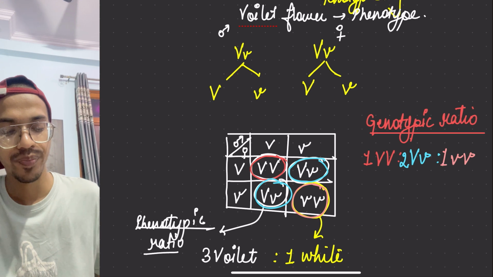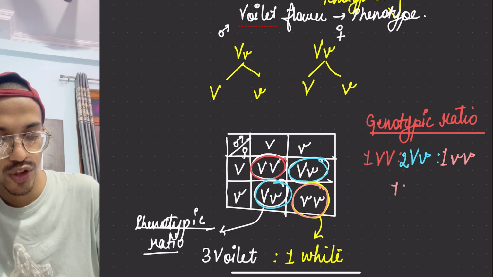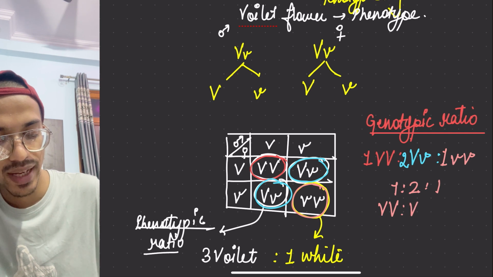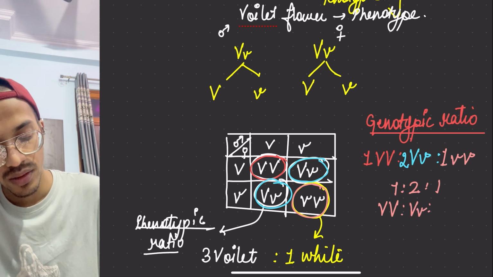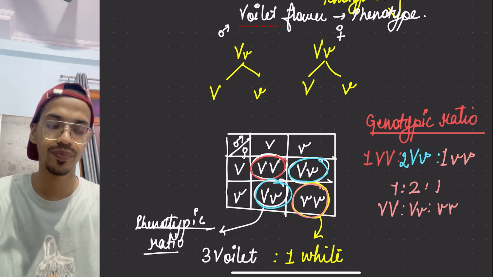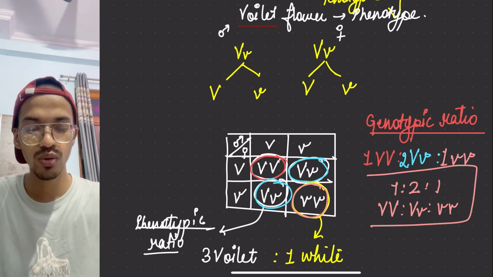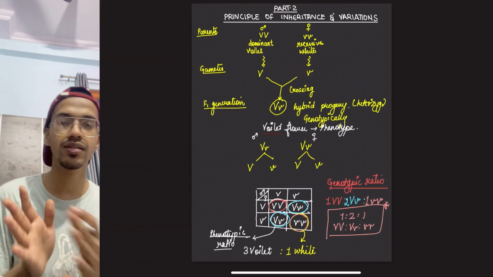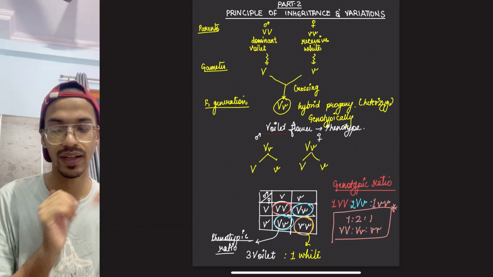So 1. The ratio is 1:2:1 of homozygous dominant, heterozygous dominant, and homozygous recessive. This is what you have to remember about the genotype. Moving on from this basis, let's try one numerical.